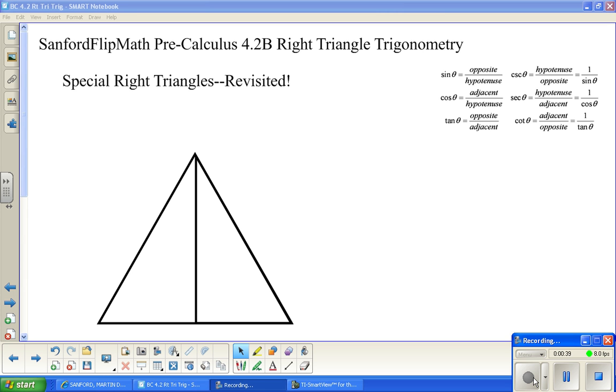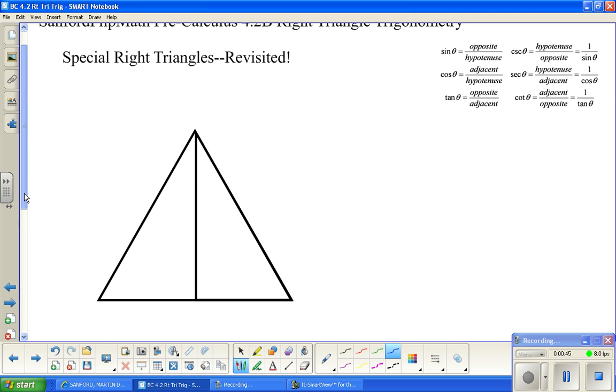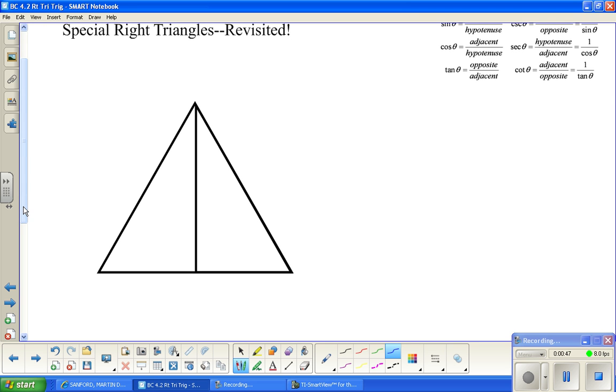I need to remind you of the special right triangles. What you see in front of you right now is obviously not really a right triangle. What I'm actually trying to draw here is an equilateral triangle, and I'm labeling these lengths in a specific way so I can get things to work out a certain way. I have an equilateral triangle, and I've dropped the altitude, this line right here.